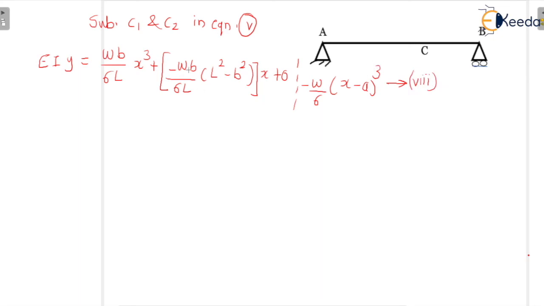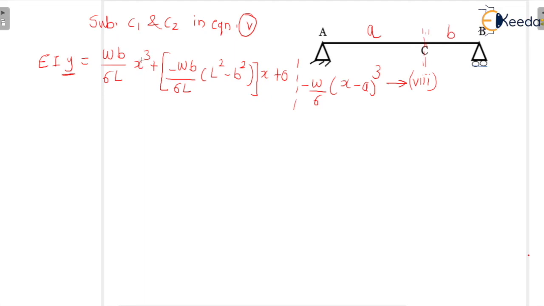Now equation 8 gives us y, the deflection at any point in the beam. To find the deflection YC under the load, substitute x equal to A in equation 8 and consider the equation up to the dotted line as point C. This is A and this is B. This equation is valid for deflection at any point in the beam, but we know the deflection at this particular point.